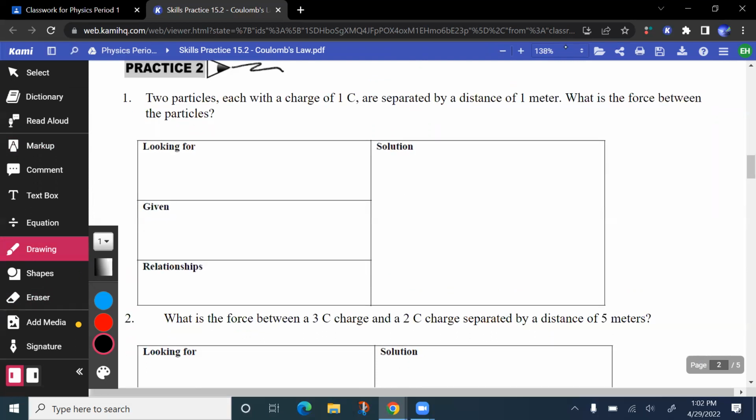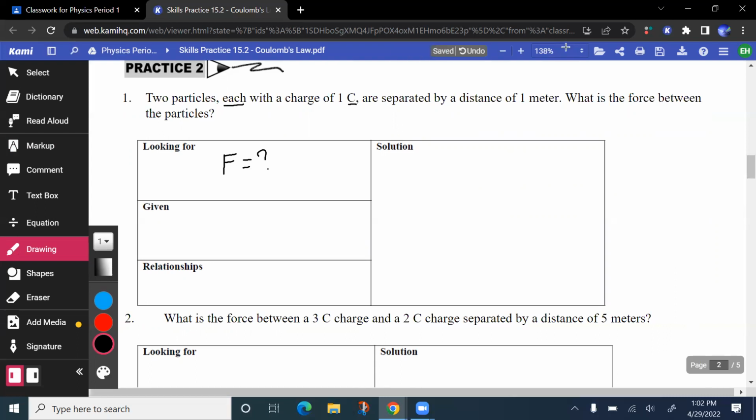Two particles, each with a charge of 1 Coulomb, are separated by a distance of 1 meter. What is the force between the two particles? So we're looking for force. So F is the question mark. Okay. Anything that ends in coulombs is charge.